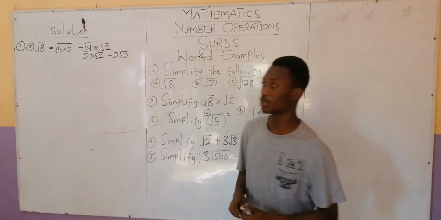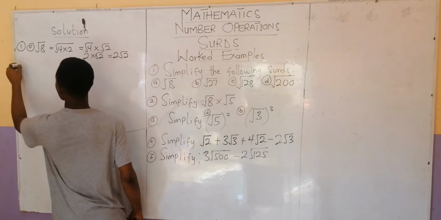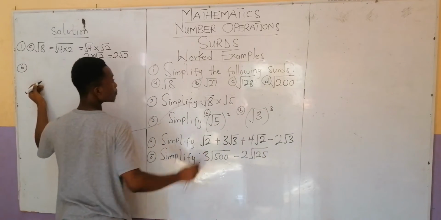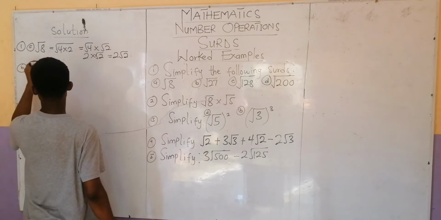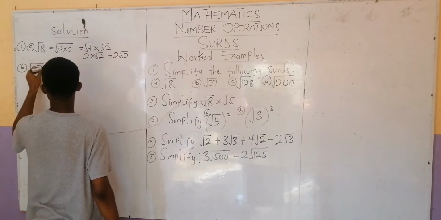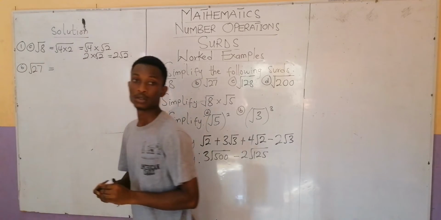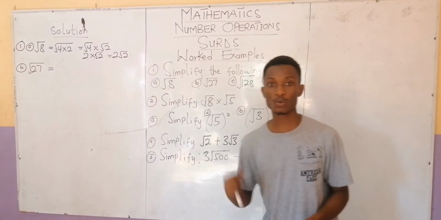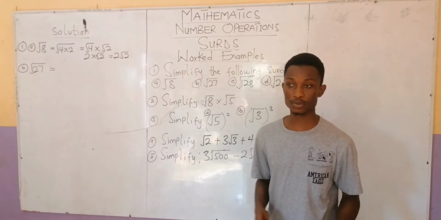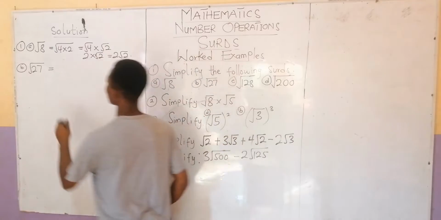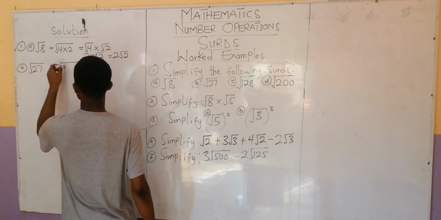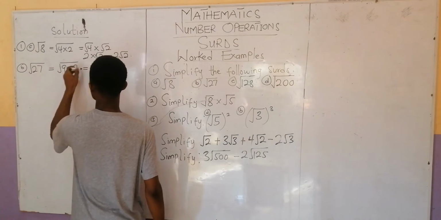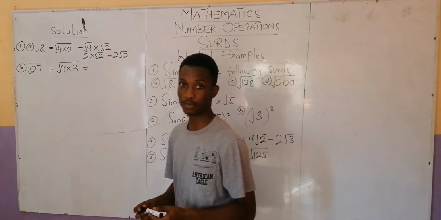So let's move on to B. Root of 27. Here we find two numbers that will multiply to give us 27, where one should be a perfect square. 9 times 3, and 9 is a perfect square.